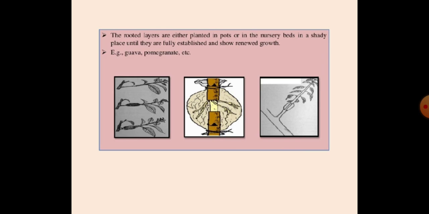The diagram shows the branch selected with a mass of soil. The rooted layer is then planted in pots or nursery beds in a shady place. Examples are guava and pomegranate. Thank you. See you in the next class.